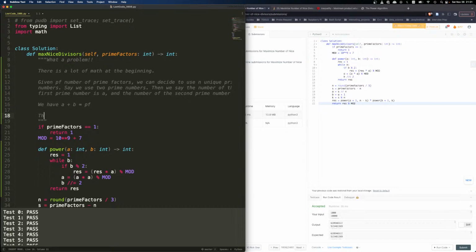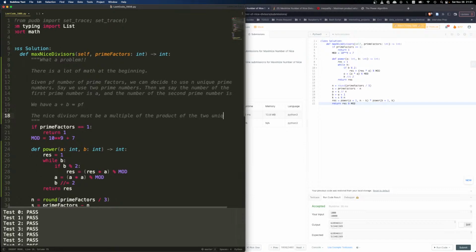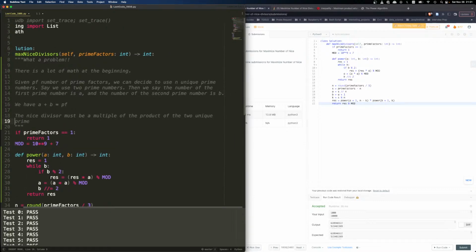The nice divisor must be a multiple of the product of the 2 unique prime numbers.